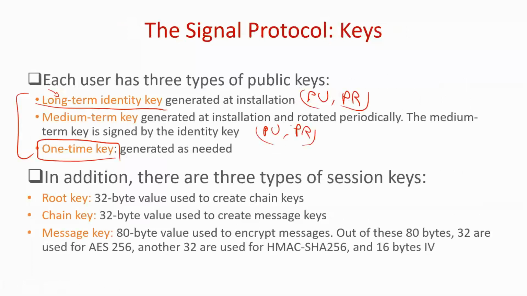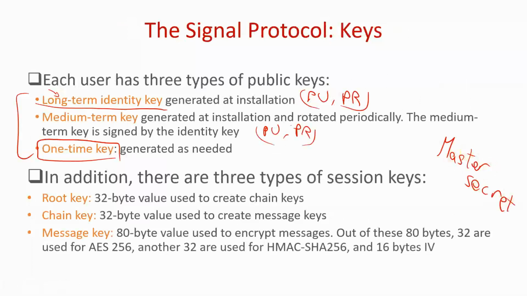Once you want to send a message, you will use symmetric encryption. These three keys, long-term, medium-term, and one-time, the public keys, will be used to calculate what is called a master secret. So what happens when you want to talk to someone is you go to the server and ask for their three keys.